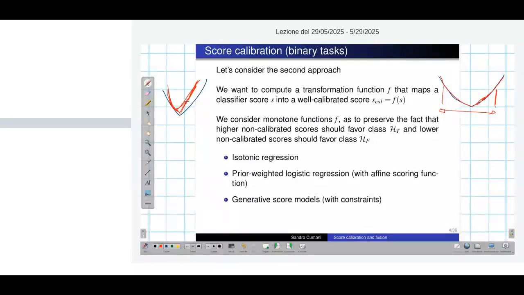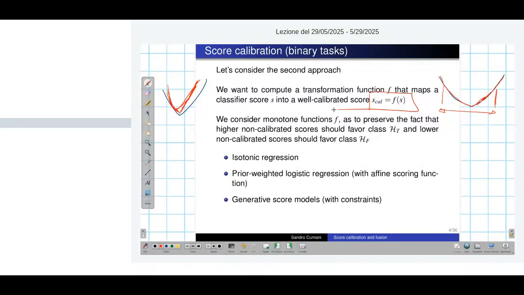Can we transform the scores to make them calibrated? The answer is we can try to find a mapping between the scores and a new score that is well calibrated.